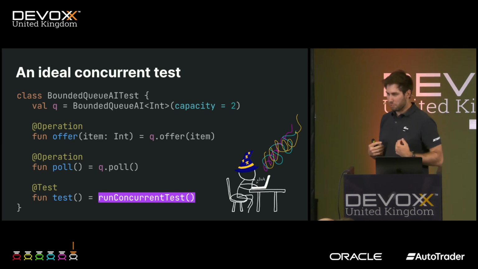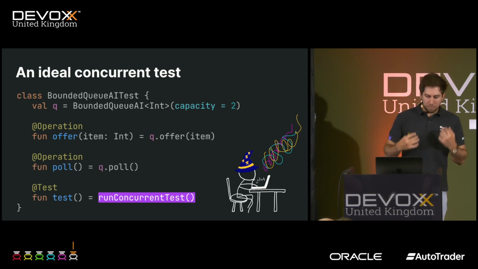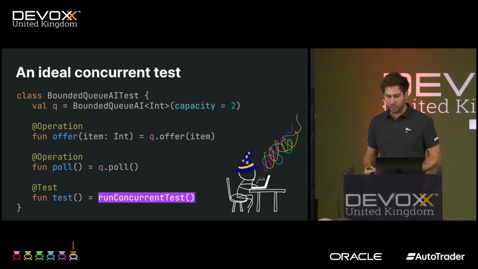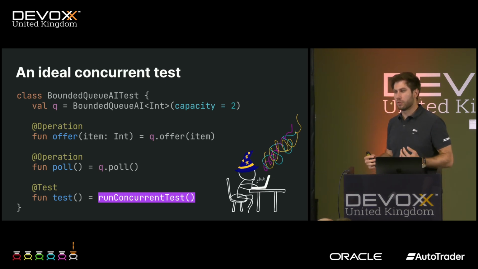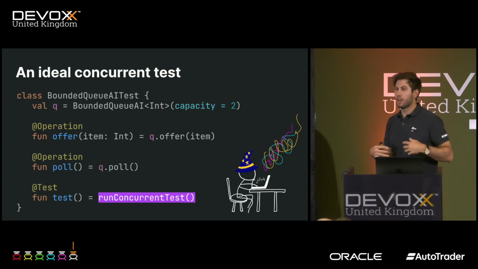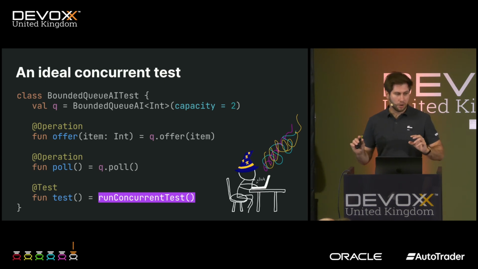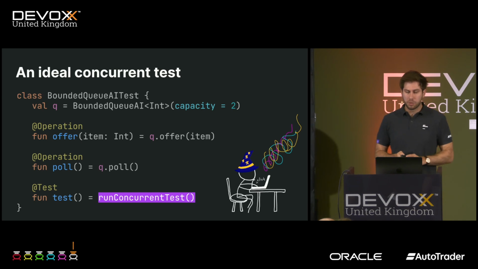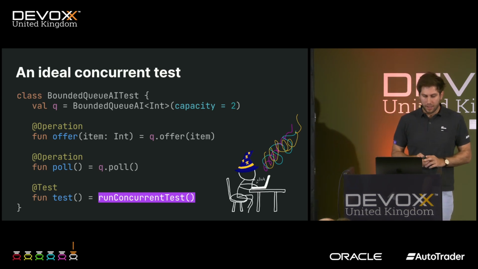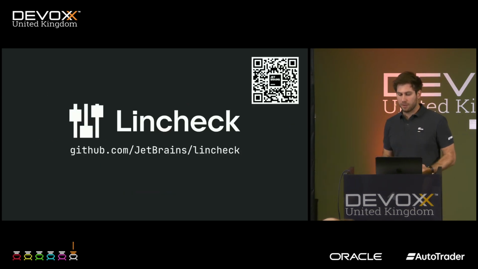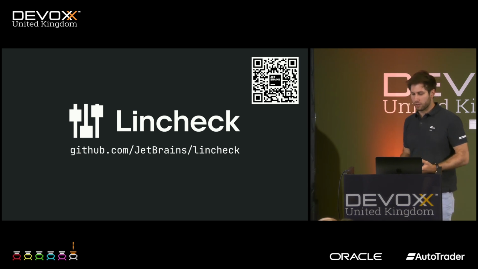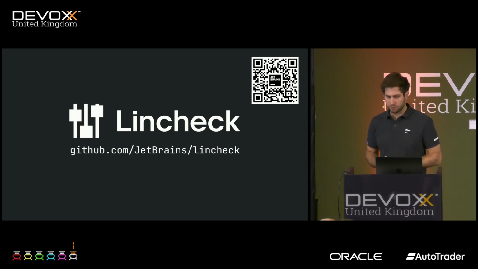I do, because I program a lot of concurrent code, and without such a framework, without a declarative way of writing concurrent tests, it's really hard to verify implementations for correctness. And that's exactly what the Lincheck framework that we developed at JetBrains does.